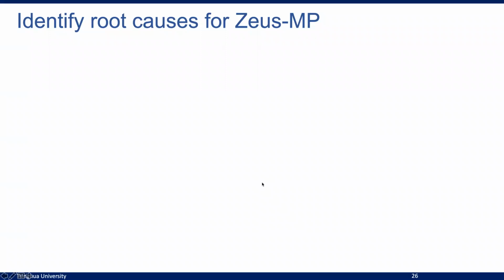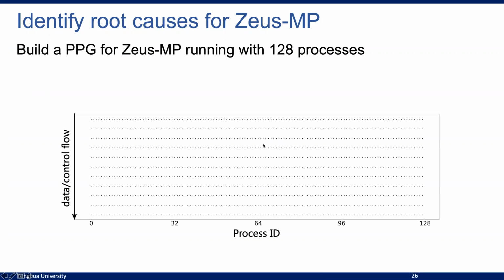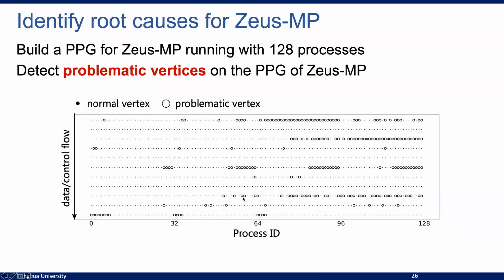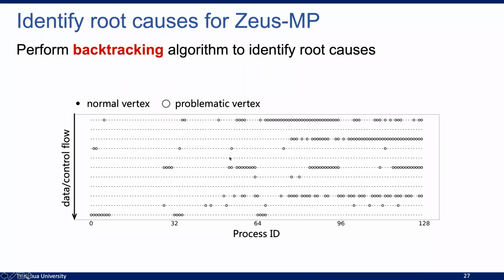Here we take Zeus-MP as an example to show how our tool works. First, we build a program performance graph for Zeus-MP on 128 processes. Then we detect and mark problematic vertices on the PPG. Then we perform the backtracking algorithm.